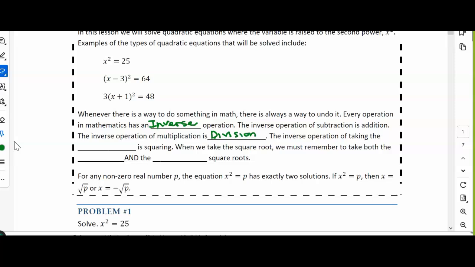The inverse operation of taking the square root is squaring. So squaring and square rooting undo each other. Remember, squaring means raised to the second power, and taking the square root undoes that. When we take the square root, we must remember to take both the negative and the positive square roots.